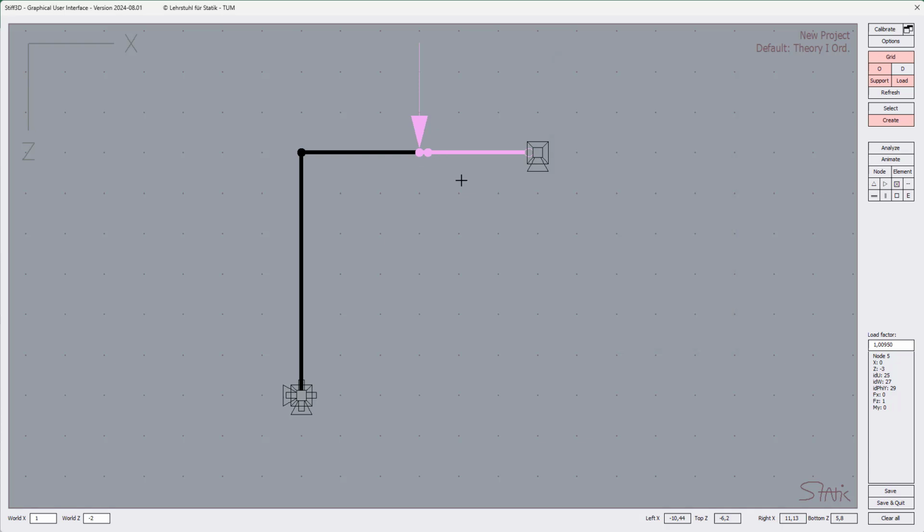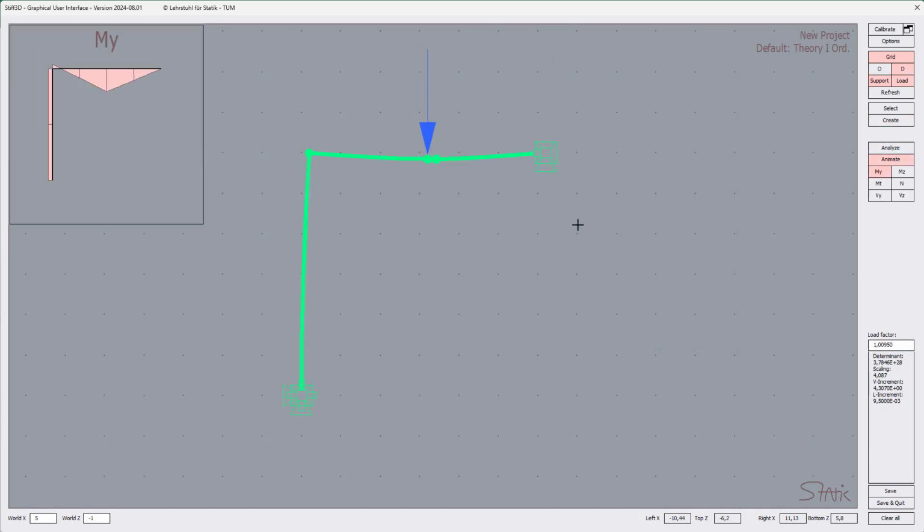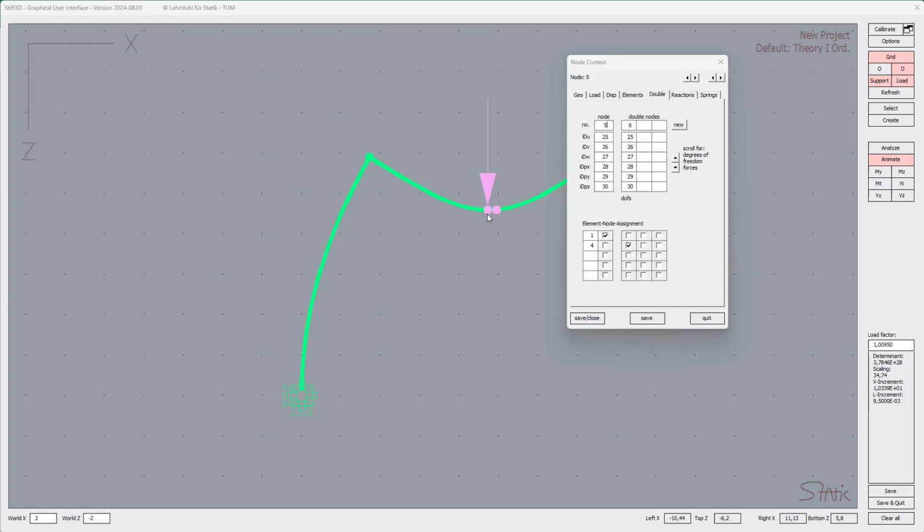If we save that and do the analysis, still nothing changed. Everything is as before. Wonderful. Perhaps we just switch that off here. Nothing had happened, but now we have the possibility to directly control the degrees of freedom which are coupled and which are decoupled.